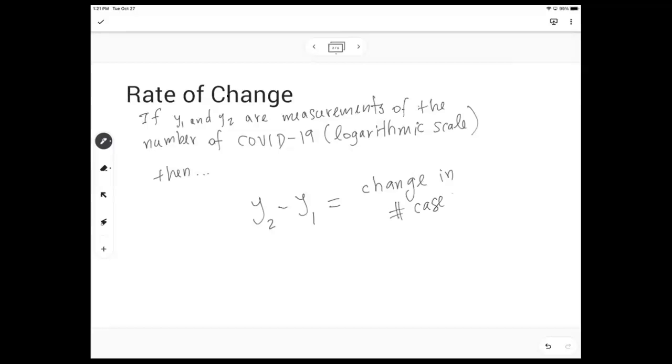Now, this is really change in the log of the number of cases. That's really what that difference is.